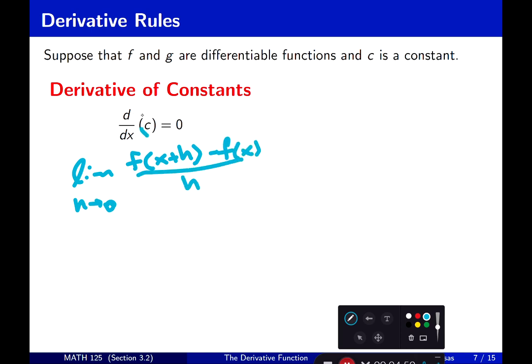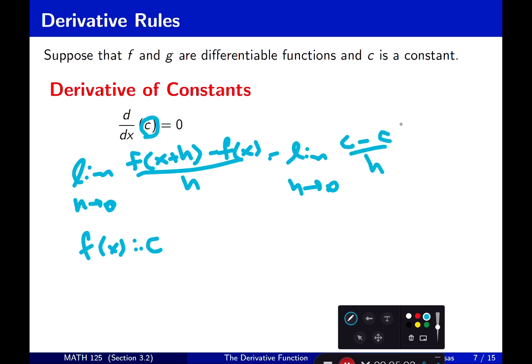What is f in here? f of x is c. So this is basically the limit as h approaches 0 of c minus c over h. That is the limit as h approaches 0 of 0 over h.